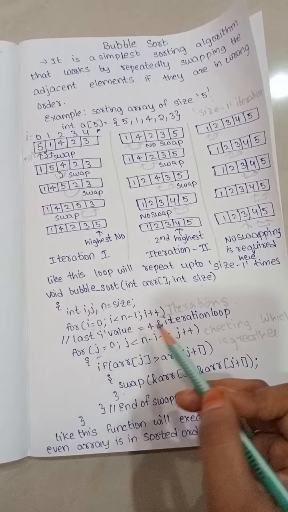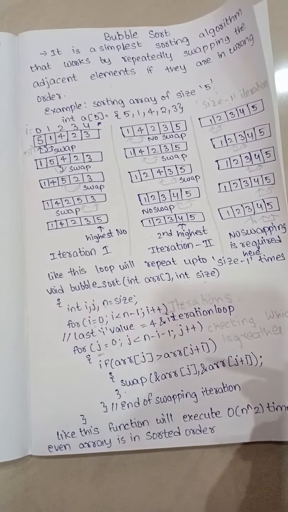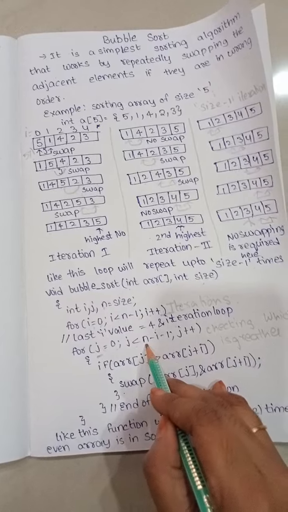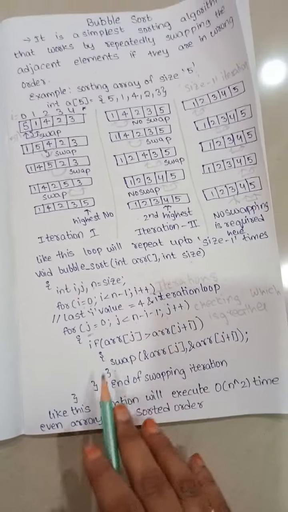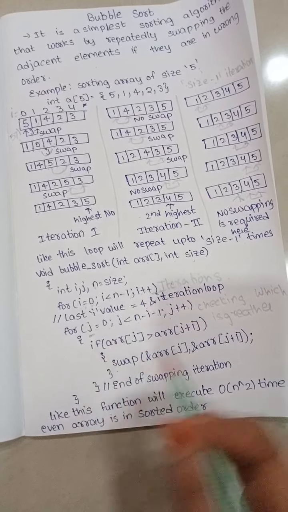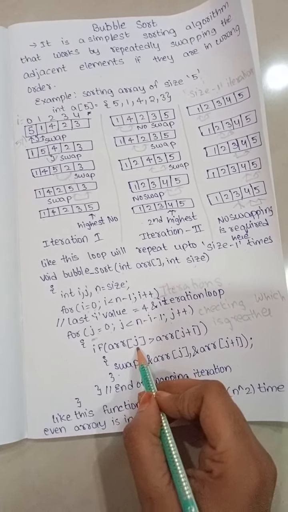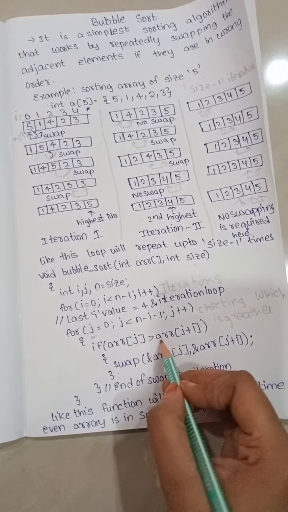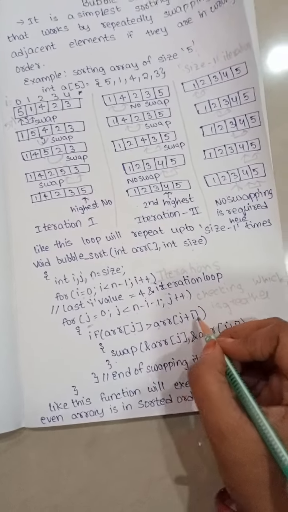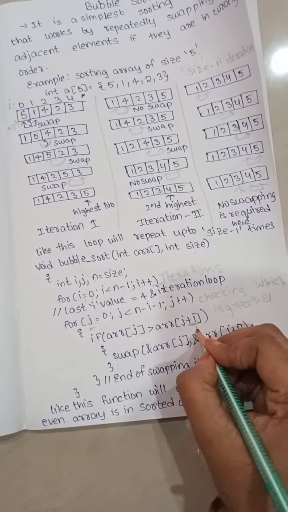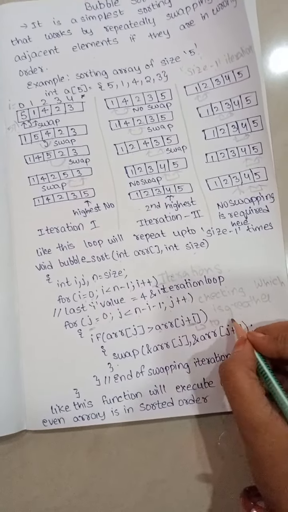For the second, third and fourth I need to reduce one iteration, so I am declaring n minus i minus 1 and increment. I am checking whether array of j is greater than or equal to the next element. Next element means we need to use j plus 1 to get the next element.